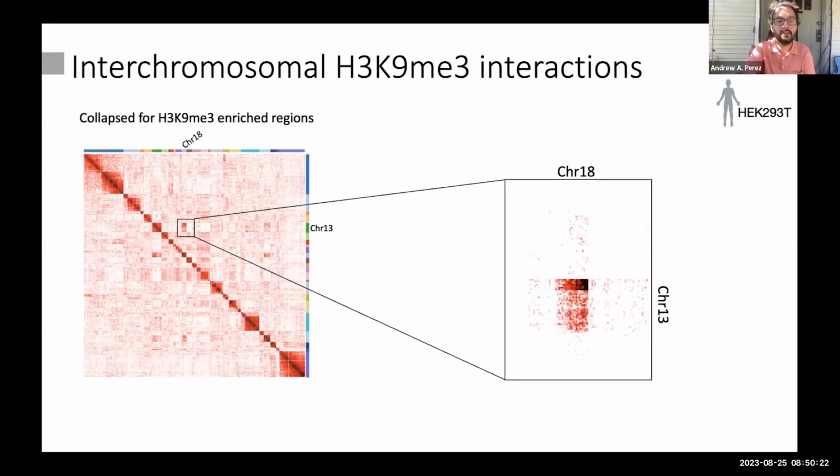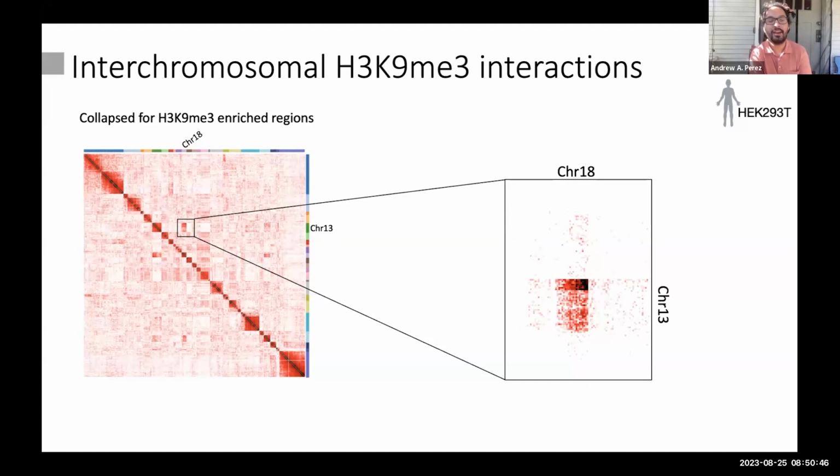If we zoom in, we can see that chromosome 13 and 18 are actually interacting rather robustly. And so we are excited to explore this a little bit more in depth. This is actually not a zinc finger interaction. This is independent of zinc fingers.